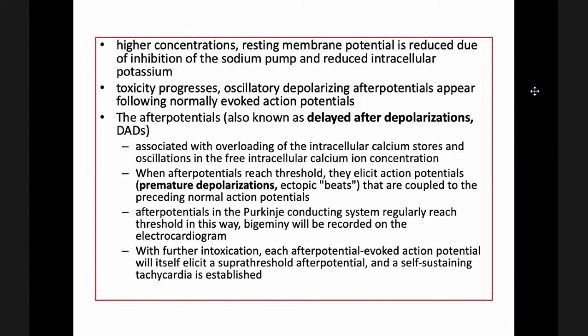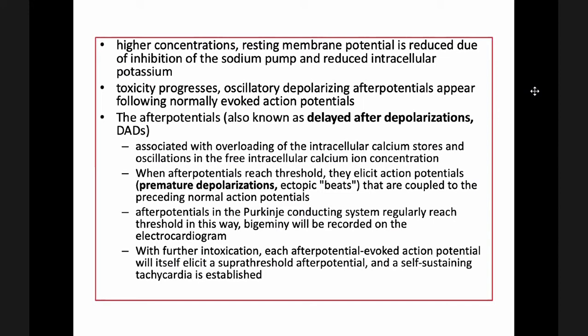So if you have afterpotentials in the Purkinje conduction system, you will see bigeminy, meaning after every normal beat or sinus beat, you will see a premature beat, which will be recorded in your ECG.